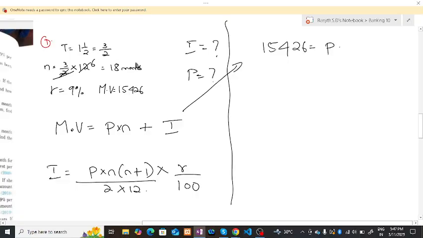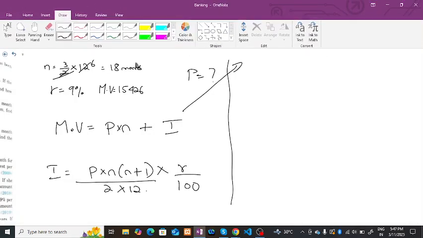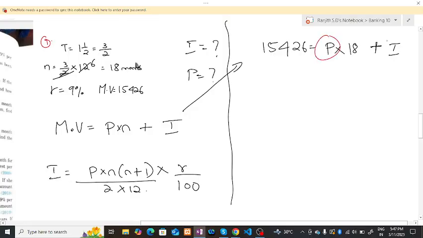What is N, students? 18. So 15,426 equals P into 18 plus I. Usually we have only one unknown variable, but here we have two. What are the two unknown variables? P and I. Right? Next, take the second formula.